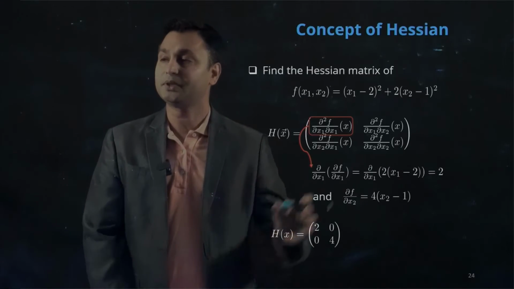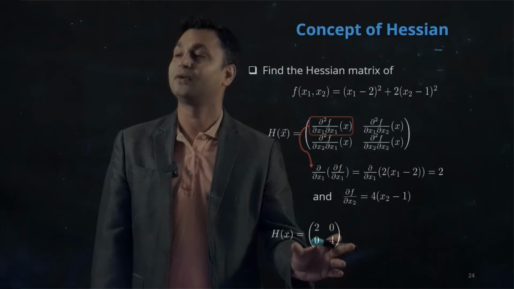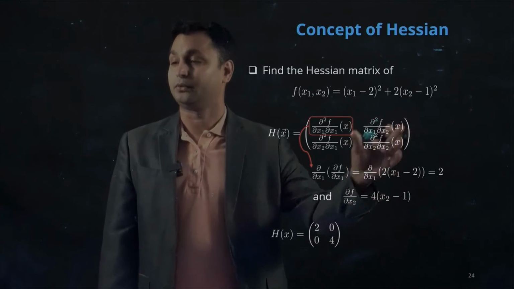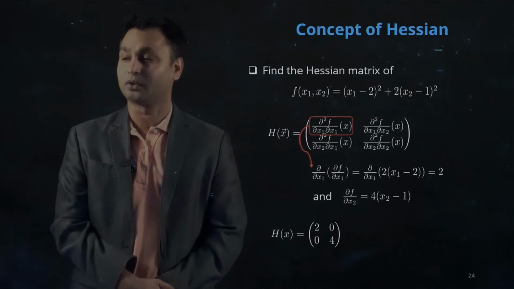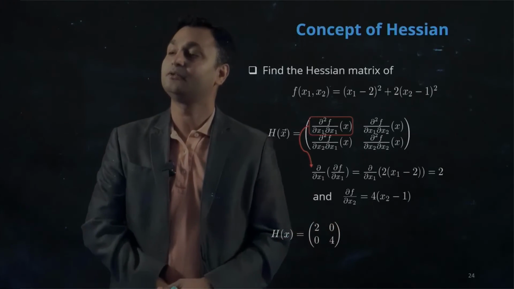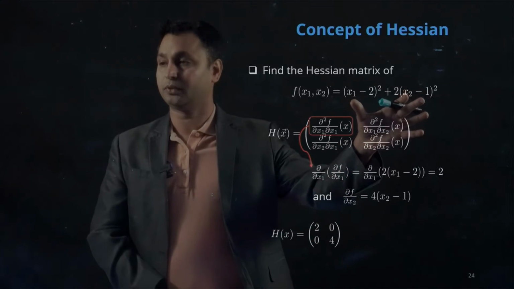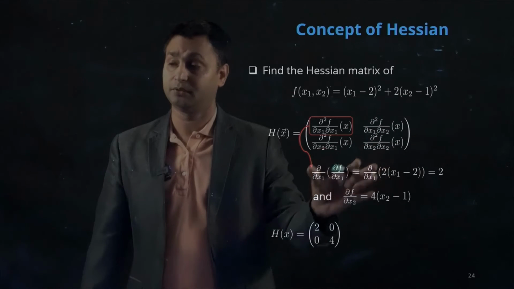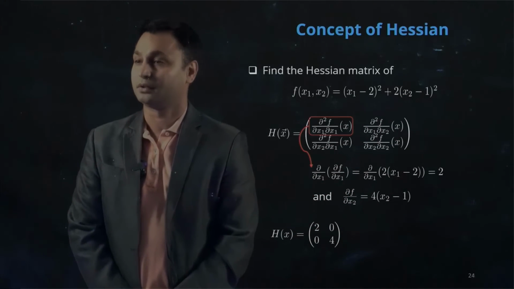Now note, specifically in this case, this Hessian matrix is not a function of x1 and x2, and it is going to be constant irrespective of the location of x. If it still had x1 and x2 inside, then it would be a function of x. But since this is a quadratic equation, when you take the second derivative, you come to a situation where the Hessian matrix is not a function of the variables itself.